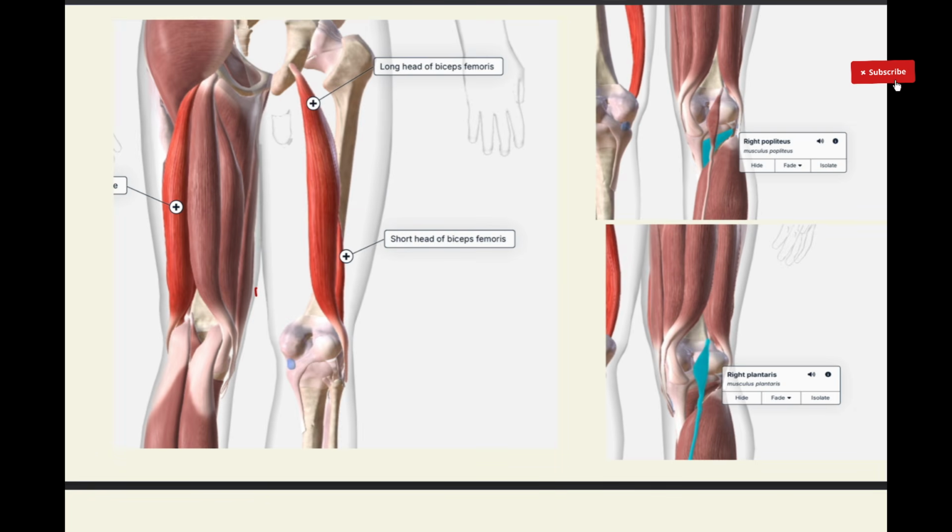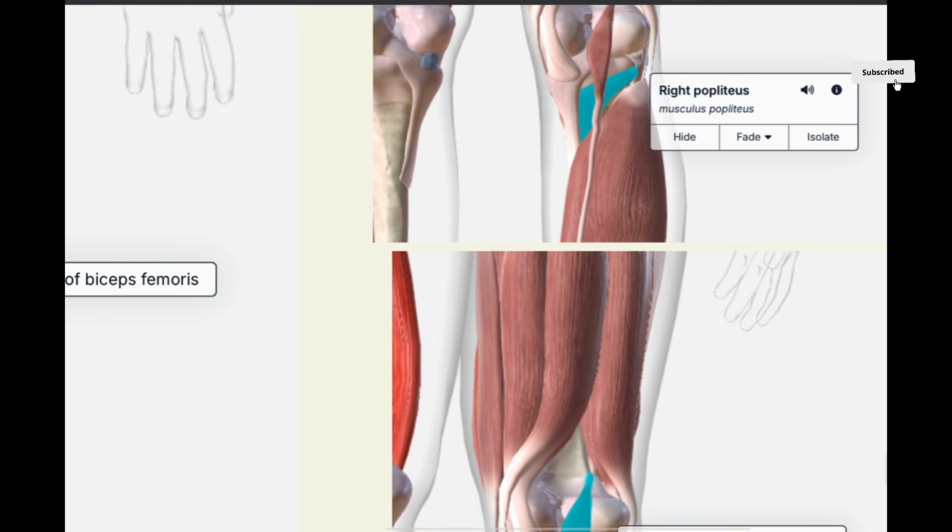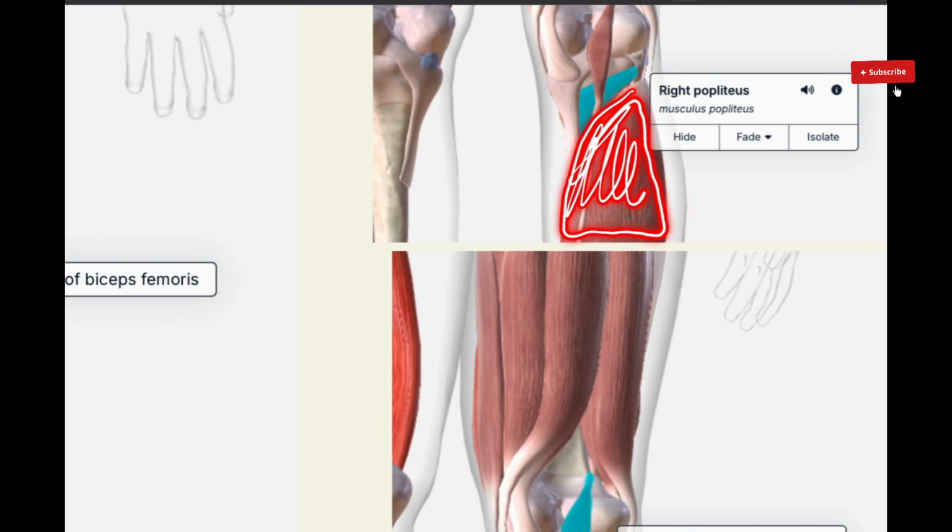But if you remove the gastrocnemius area, behind it you will see the soleus muscle. This is your soleus muscle, which is again a very important muscle, also known as the second heart of the human body, because it pumps the blood. It helps in the venous drainage.